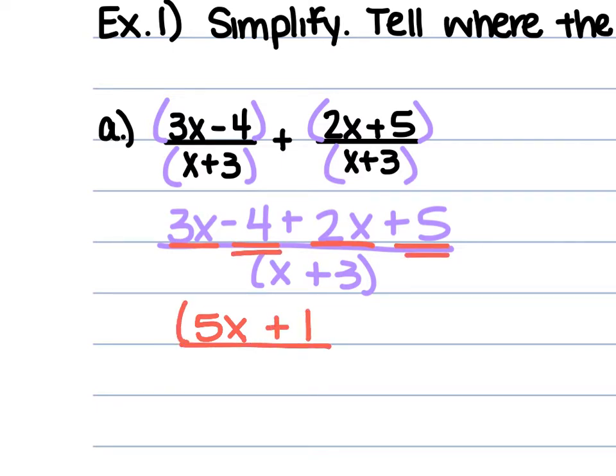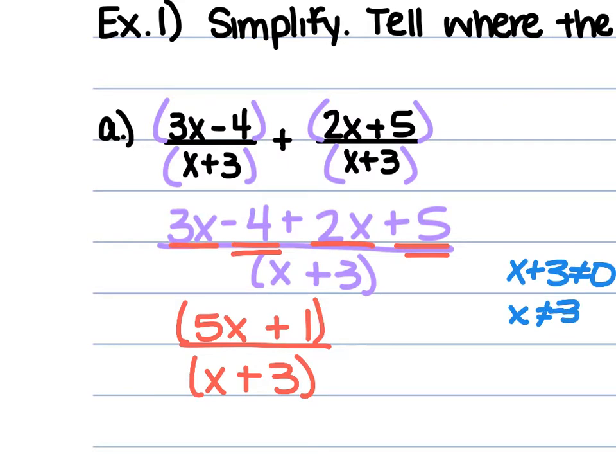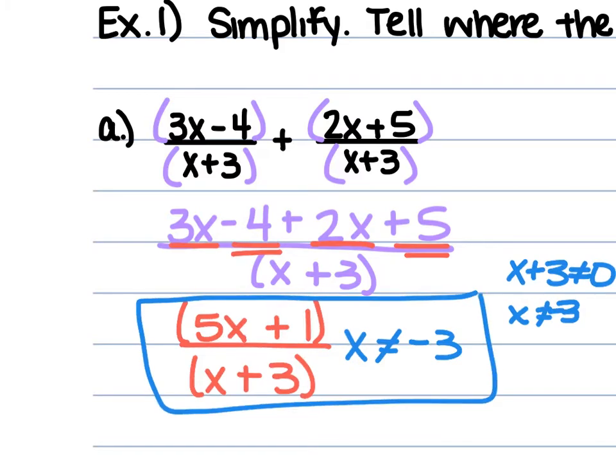So this is 5x, put parentheses around it if it helps you, over x plus 3. If we're telling where our expression is undefined, again, you take that denominator, x plus 3, set it not equal to 0, and tell me that x cannot equal negative 3. So this whole thing is your answer.